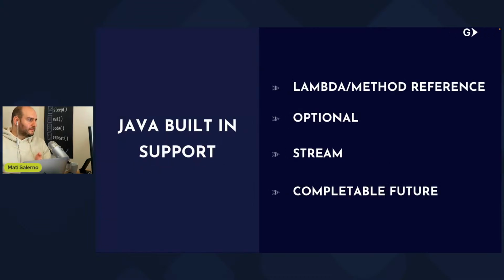Then we started to look at the support in Java for functional programming. We have lambdas and Optional, Stream, CompletableFuture, and everything. And we even implemented our own monad, the result monad, which was really cool.